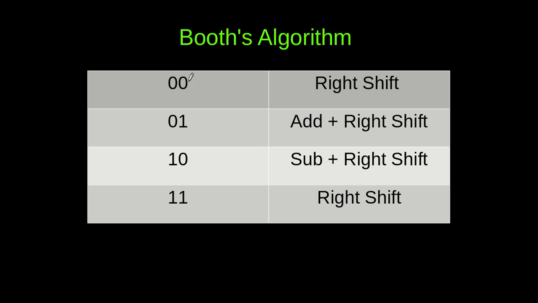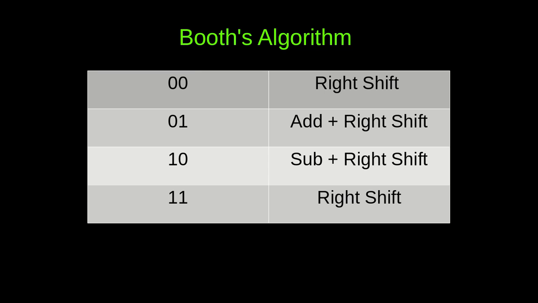If I have 0 and 0, I'll do a right shift for the accumulator, the Q, which is the multiplier, and Q minus 1.